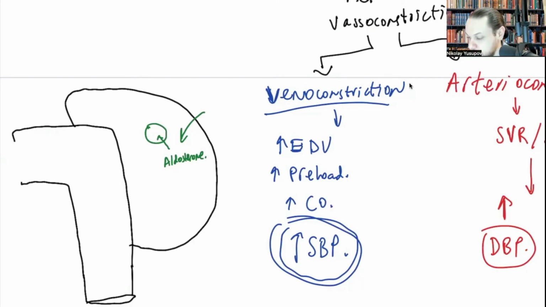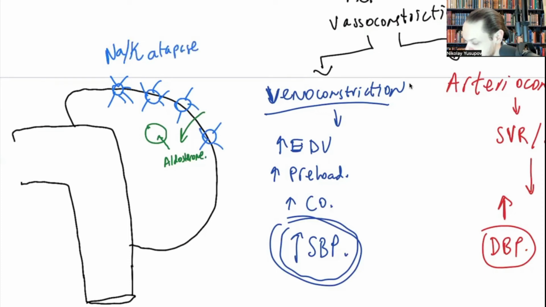So the first thing that it will do is stimulate the cell to make more sodium-potassium pumps on the basolateral surface. So these are sodium-potassium ATPases, and it's going to make more of them.